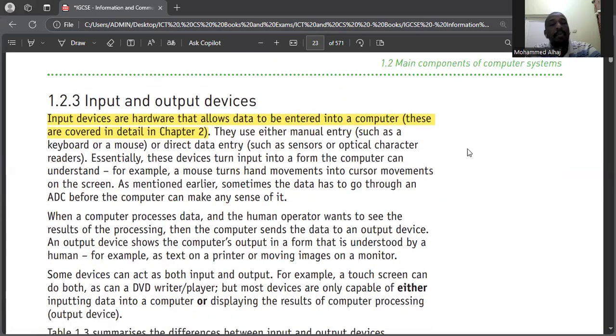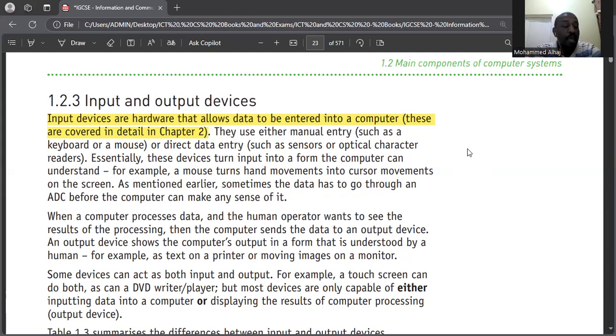Next point is about input and output devices. This topic is going to be explained in detail in the second chapter, which is mainly about the input and output devices.